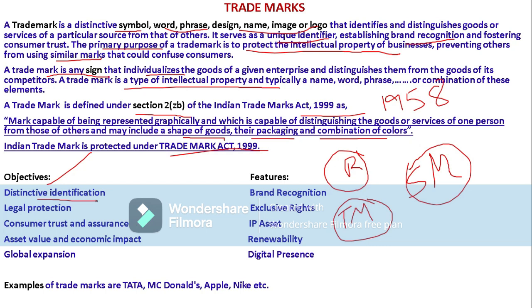Uniqueness creates consumer identification. It creates distinctiveness from the competitors' products and services. So uniqueness creates an easily identifiable symbol or expression, anything but easily identifiable. That is the distinctive identification.